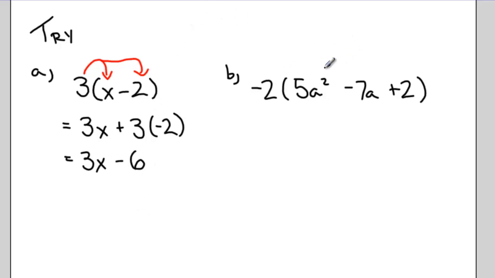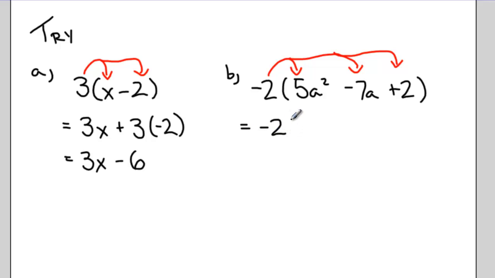Question B looks harder because I have a negative number in front of the brackets and 3 terms inside the brackets, but the principle is the same. Take that number and I distribute it to all terms inside the bracket.